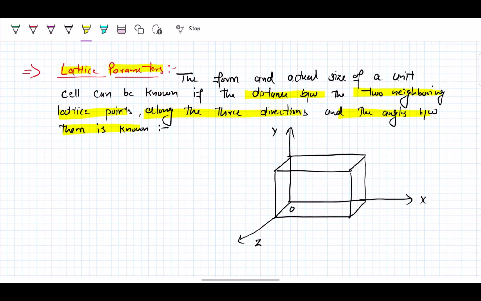So there is a concept of lattice parameters. Here we are not going to use depth, breadth and height, because we are dealing at the atomic level.